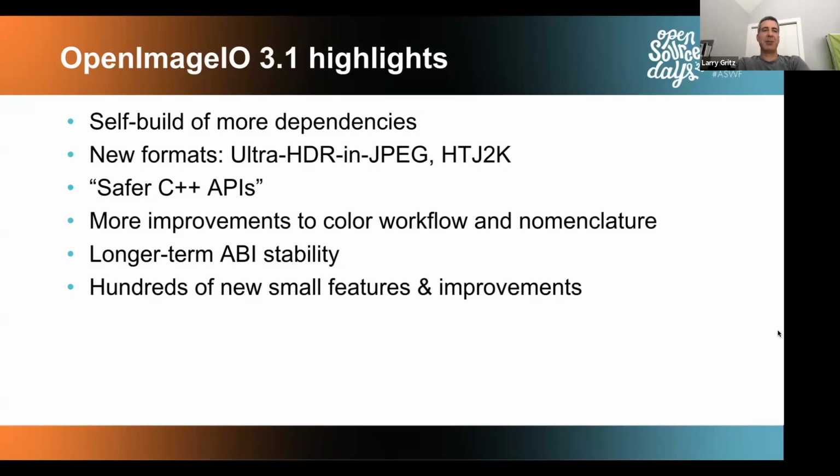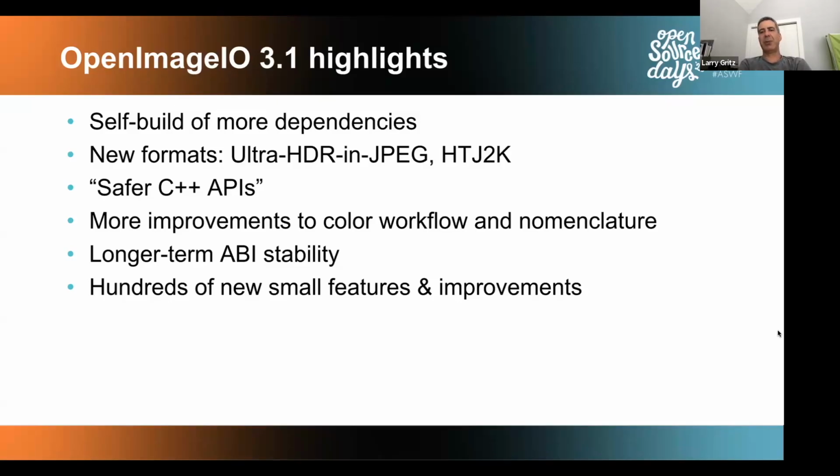The slick thing about this is if you have a viewer or some other application that knows how to read regular old JPEGs, you'll get the SDR version. It will appear to read it as non-HDR and look fine. But if you have any Ultra HDR aware reader, you have the extra information. And we also added ability for HTJ2K.